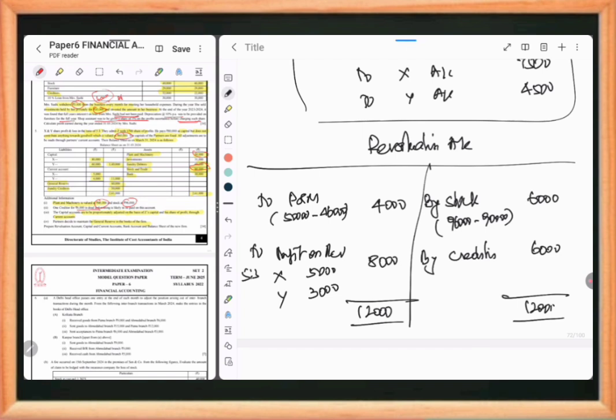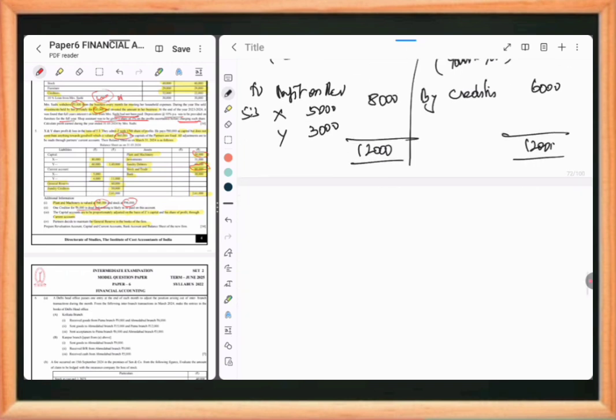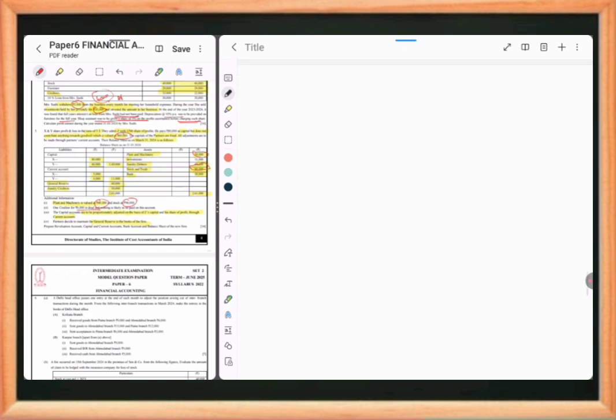So next we have to prepare the partners' capital accounts. Under the fixed capital method, two accounts are to be maintained: one is the current account, another is the capital account.